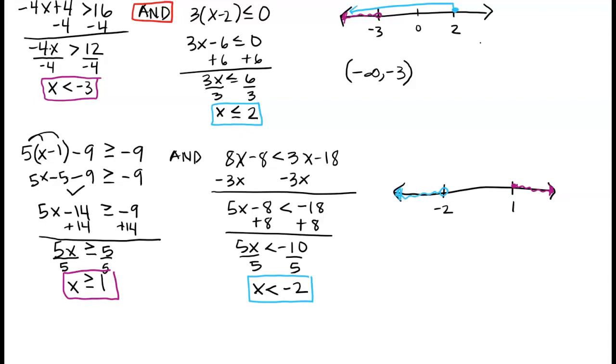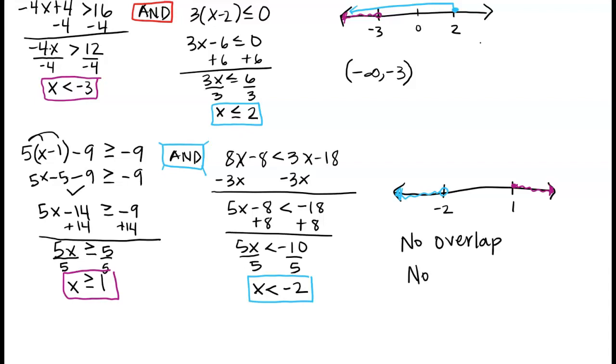All right, so now let's go back to what my statement is. I've got an and statement. So remember that this means I want the parts that overlap, right? But if I look at my graph, there's no place where the blue one and the purple one are overlapping each other. And so since there is no overlap, that means there's no solution.